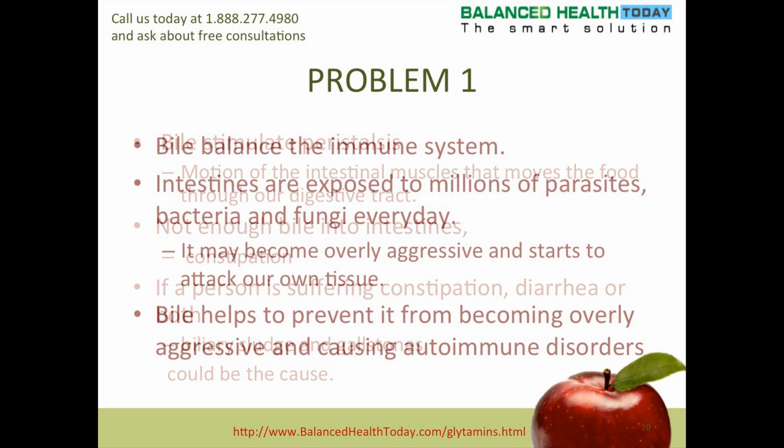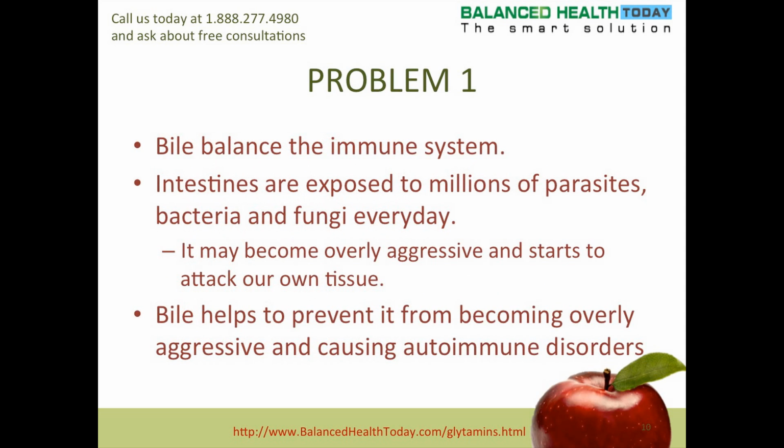The next thing the bile does as it moves through the intestines is to balance the immune system. When most people think of the immune system, they think of white blood cells floating through the bloodstream. But over 1/2 of the immune system is actually located in the intestines. The job of the immune system in the intestines is much more difficult than that in the bloodstream.